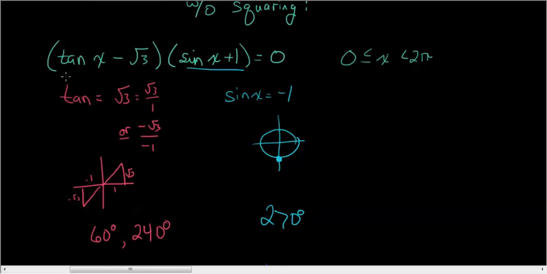You got extra roots because the domain of the tangent does not exist. The tangent does not exist at 90 and 270. So at 270, the tangent doesn't exist. Last thing we have to be careful of, my answers are to be between 0 and 2 pi.